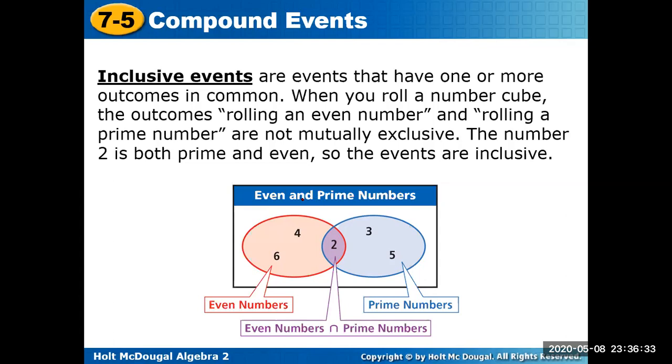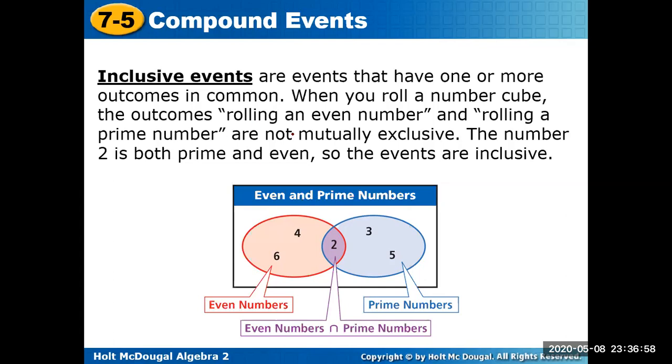When you roll a number cube, the outcomes of rolling an even number and rolling a prime number are not mutually exclusive because the number 2 is both a prime number and an even number. So the two events are not mutually exclusive.